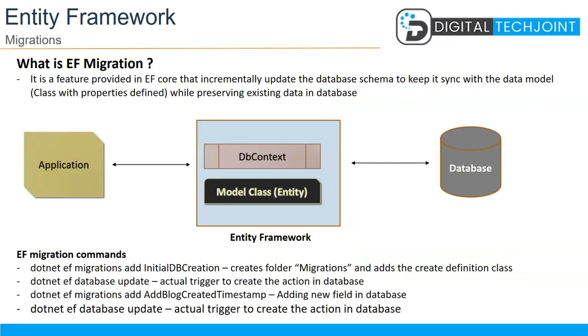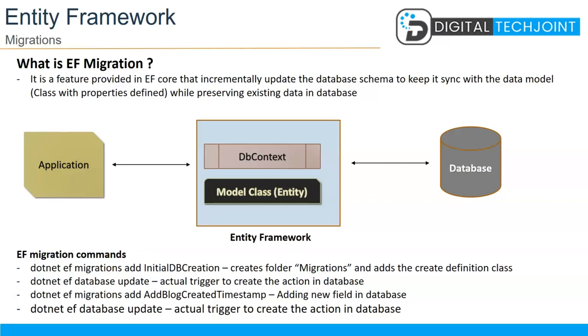So this is the migration which I was talking about. You have an application, a data model, and a DB context, which holds the connection to your database. Whenever you create a data model and want to create a table in the database, you use the migration commands, like add migration, update database, and remove migration.